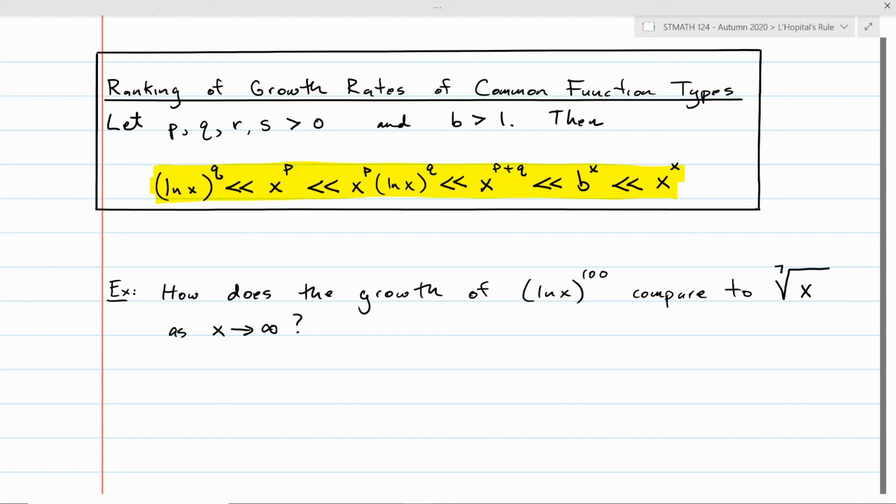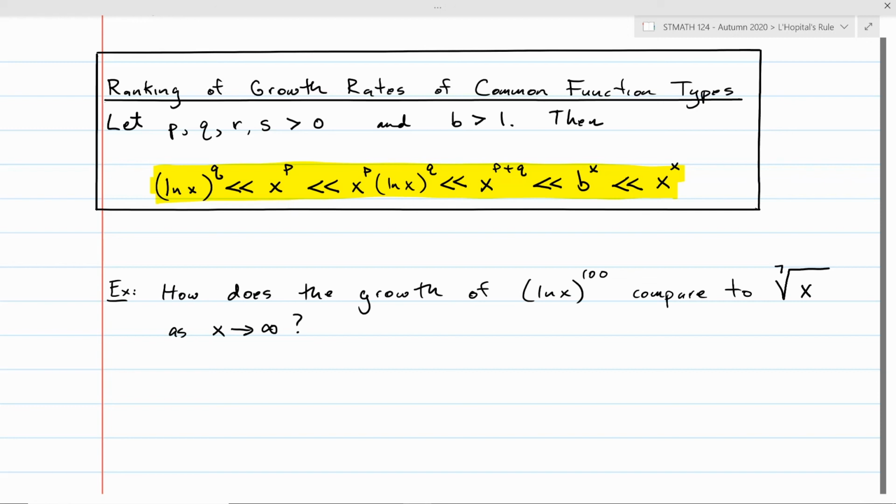And then x to the p in turn grows slower than x to the p multiplied by a natural log to the q. And that product in turn grows slower than x to the p plus q. And x to the p plus q is just some power of x. No matter how big that power is on x, it'll always grow slower than an exponential function where the base is greater than 1.